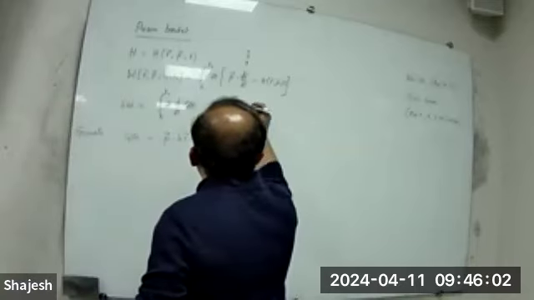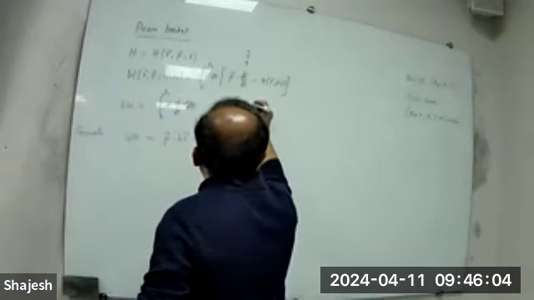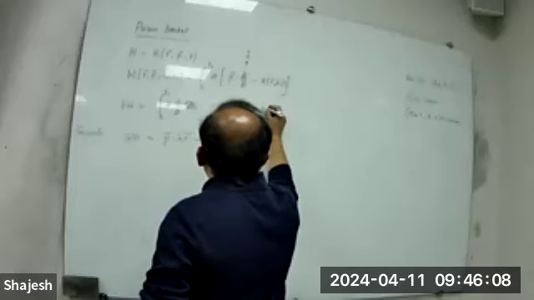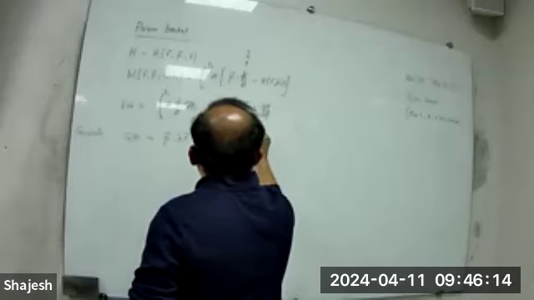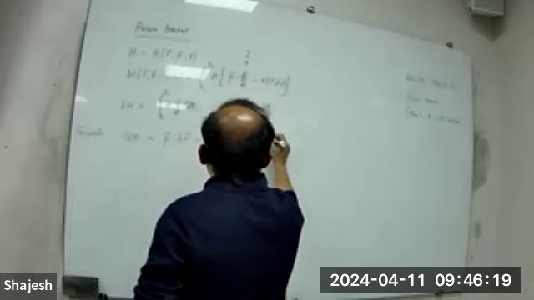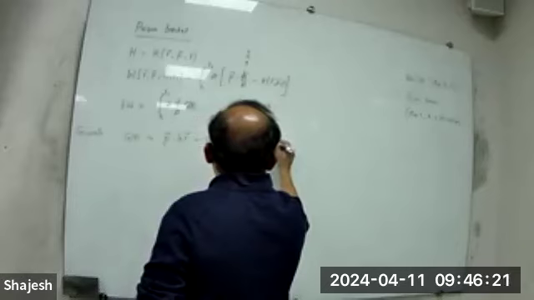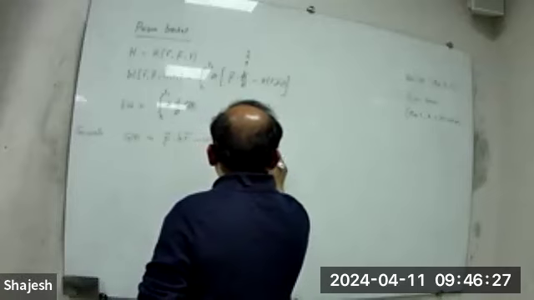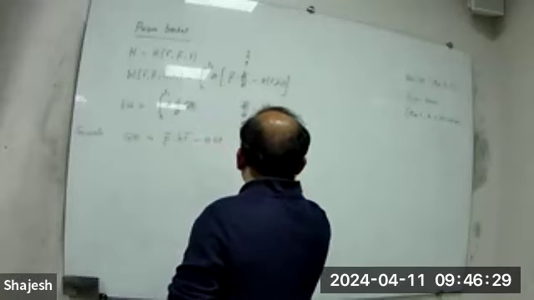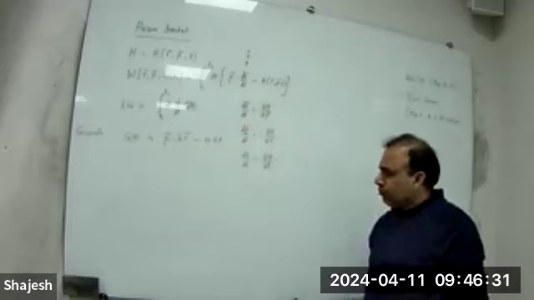And we have other quantities, for example, dr by dt is equal to the partial derivative of the Hamiltonian with momentum, dp by dt is the negative partial derivative of the Hamiltonian with position, and the total derivative of the Hamiltonian itself is just the partial derivative with time.